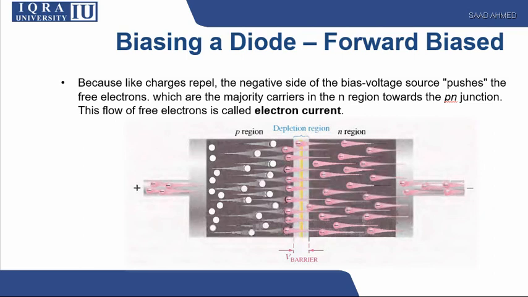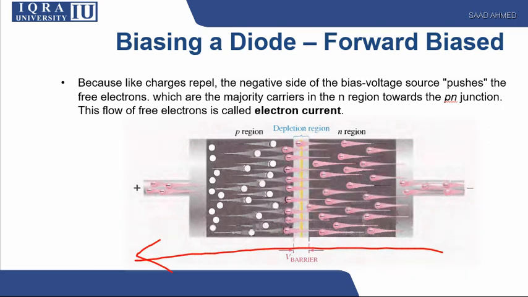When you bias a diode, because like charges repel, the negative side of the diode pushes the free electrons, which are the majority carriers in the N region, towards the PN junction. This flow of free electrons is called electron current, and current will flow through the diode.